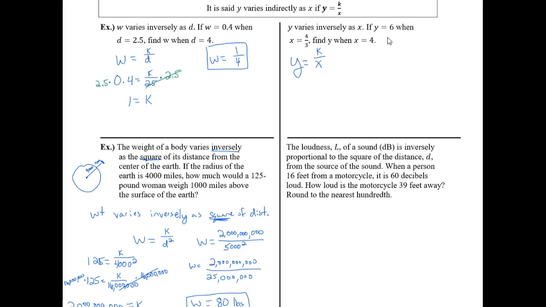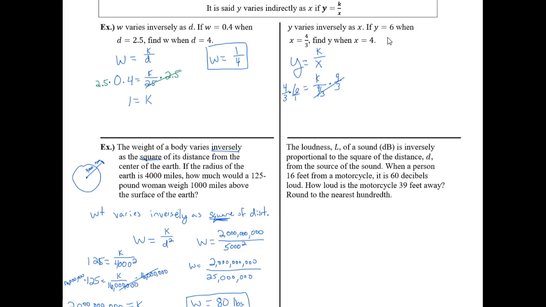So when y is 6, x is 4/3. Now, you don't have to overthink this with that fraction. It's k divided by 4/3. Well, how do I undo divide? I multiply by 4/3. Whatever I do to one side, I do to the other side. So multiply both sides by 4/3.